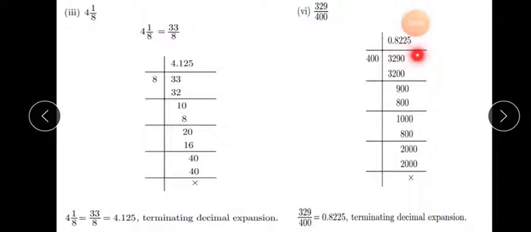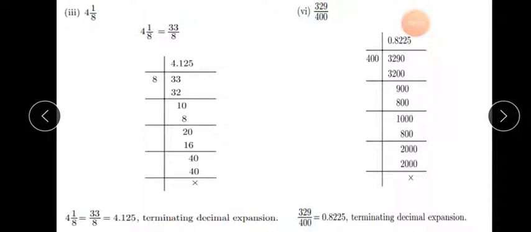That means after the decimal point, we have 4 digits and it ends. So the answer will be 0.8225 and it is a terminating decimal expansion. The questions which are left over, you have to do as homework.